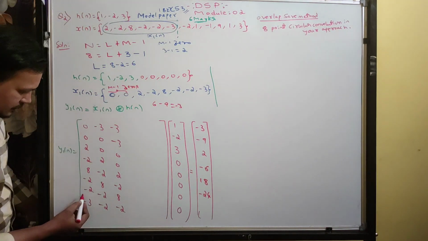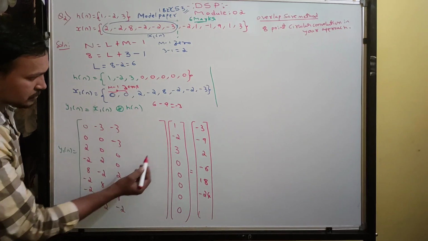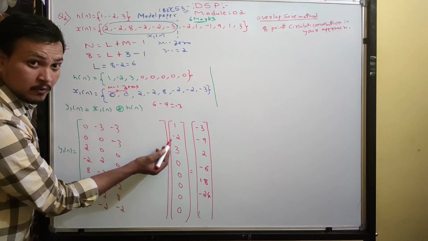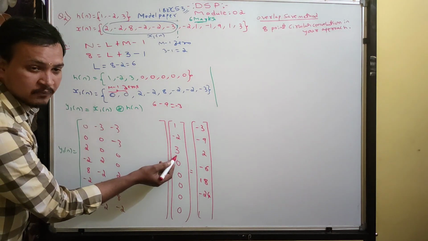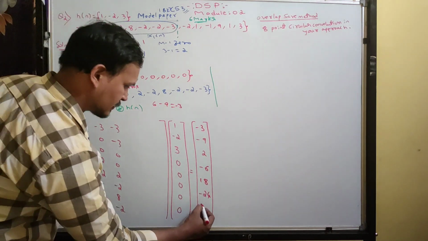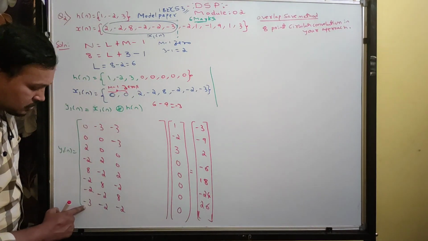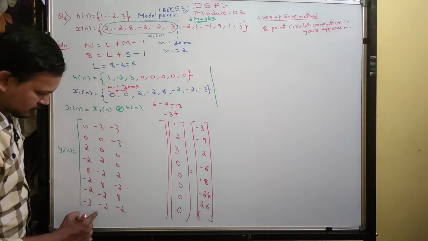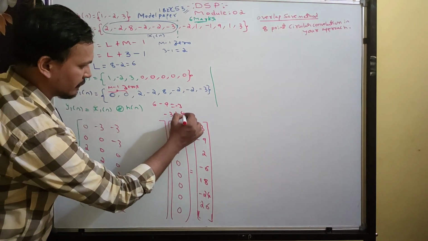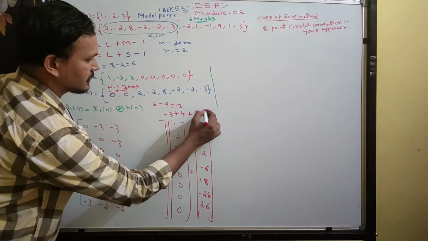Minus 24. Next, minus 2 into 1, minus 2. Minus 2 into minus 2, plus 4. 4 minus 2, 2. Next, 8 into 3, 24. 24 plus 2, 26. Next, last one. Minus 3 into 1, minus 3. Minus 2 into minus 2, plus 4. Next, minus 2 into 3, minus 6.